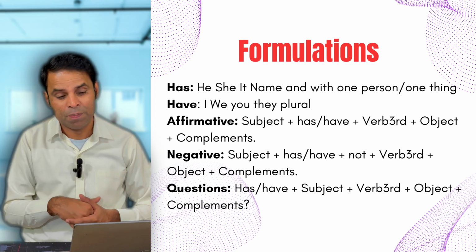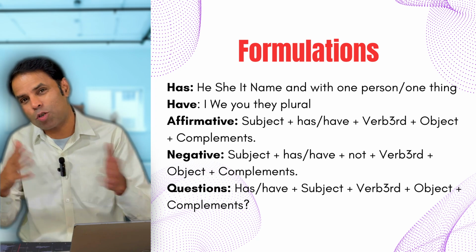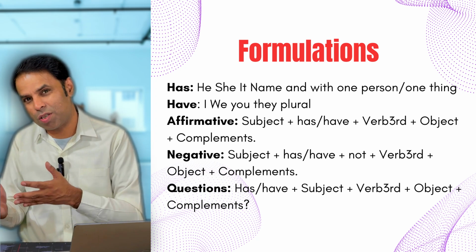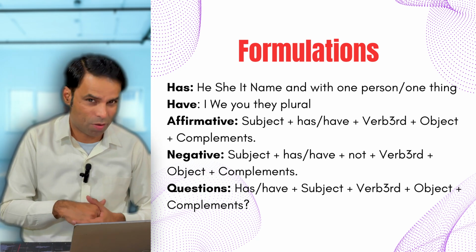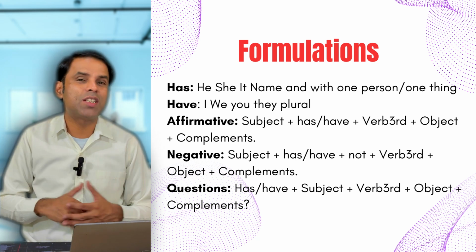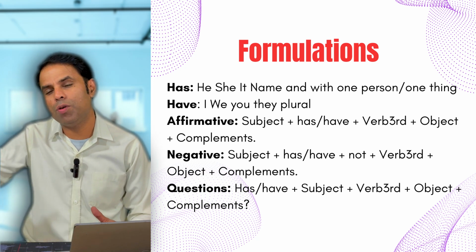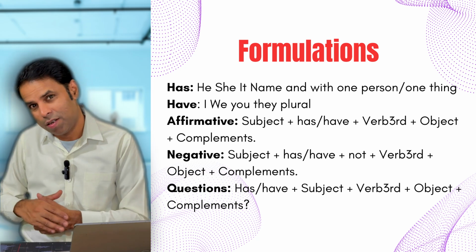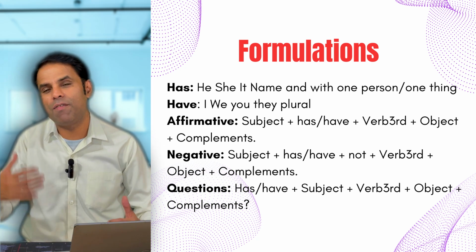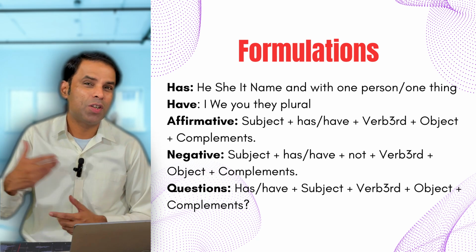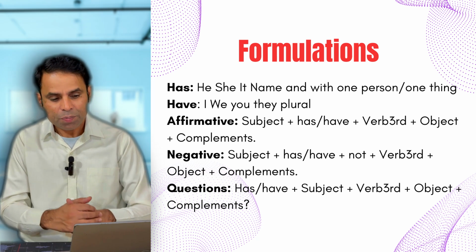So he has gone to school, she has gone to school, Rahul has gone to school, my father has gone to his office. And have is used with I, we, you, they, and with plurals like children, people. So I have, you have, they have, we have, people have, children have, right?